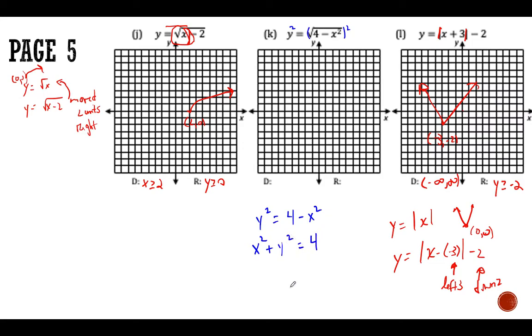From prerequisite classes, you are supposed to recognize that that is a circle with a center at 0, 0 and a radius of the square root of 4, which is 2.